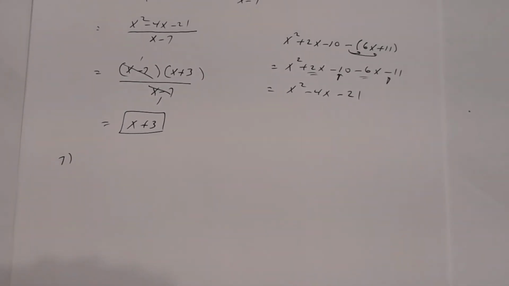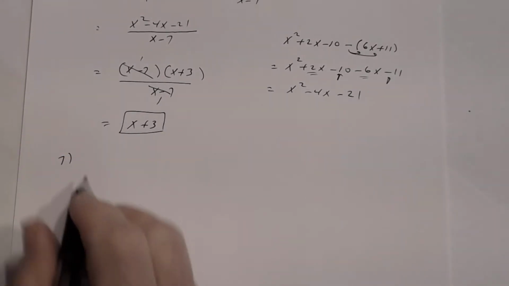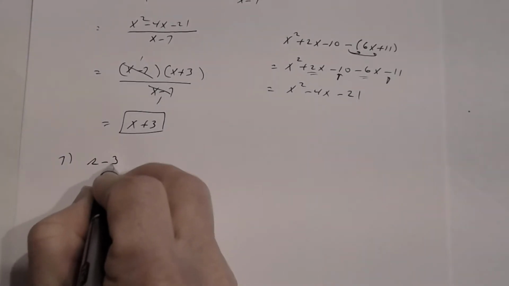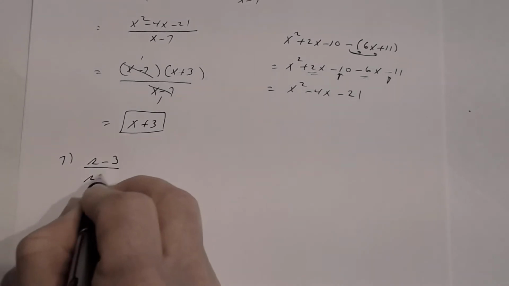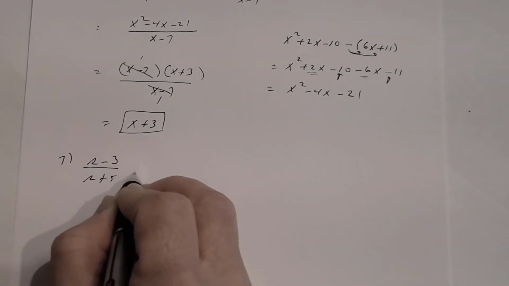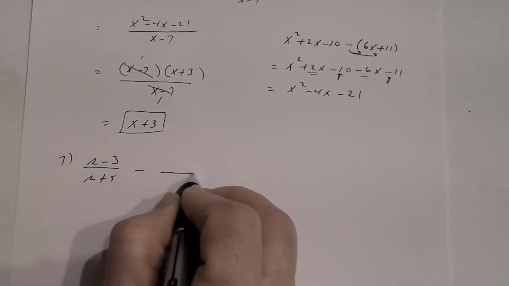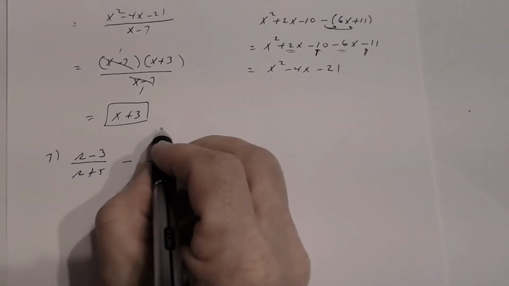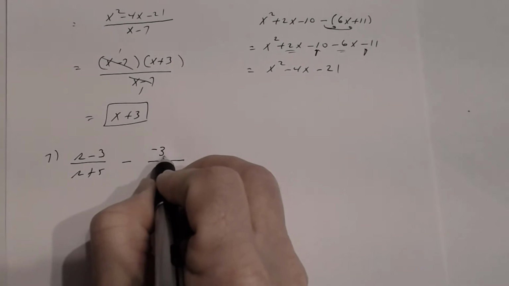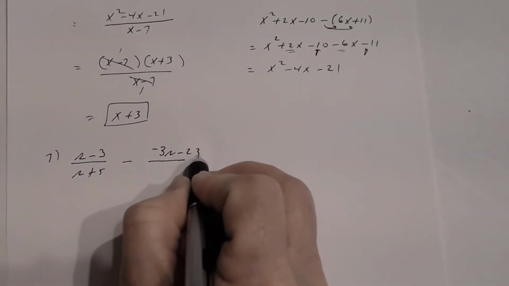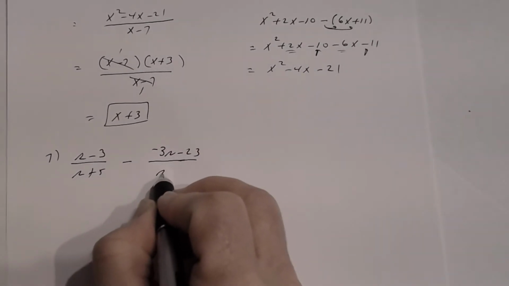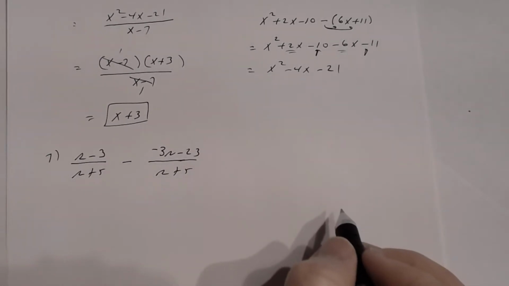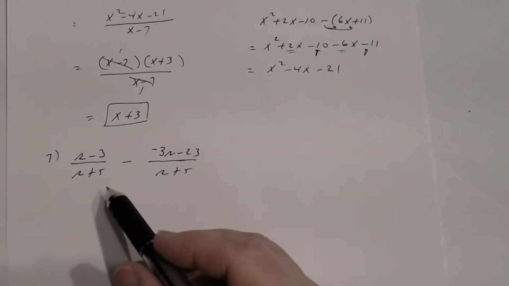Number 7. For number 7, we have s minus 3 divided by s plus 5. I'm subtracting, and in this rational expression, I have negative 3s minus 23 over s plus 5. So I am subtracting those two rational expressions.